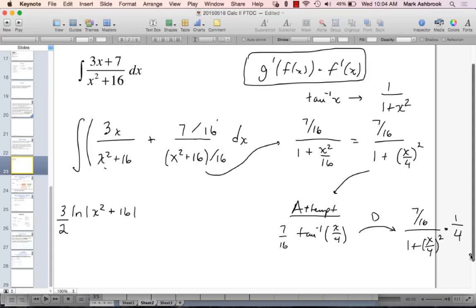We're going to need another factor of 4 in that first attempt so that we don't have the 1/4 when we take the derivative. So now we're ready to write it down. This is going to be plus 7/16, but then 7 times 4/16, tangent inverse, sorry, of x over 4.